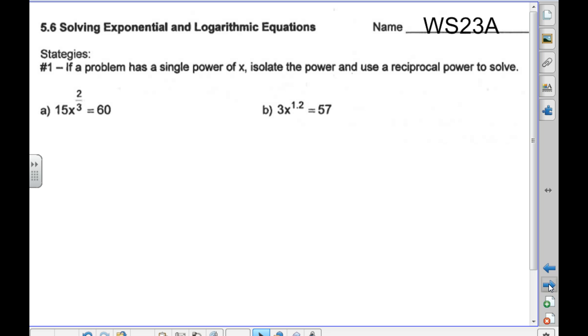All right, let's start here. It says if you have a problem with a single power of x, you want to isolate that part of the problem, do your Algebra 1 skills first, and then use a reciprocal power to solve that. So here we would do what first? Divide by 15.